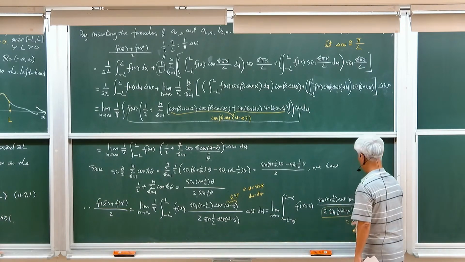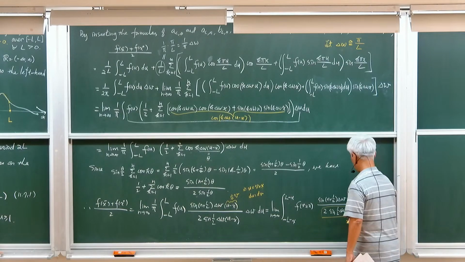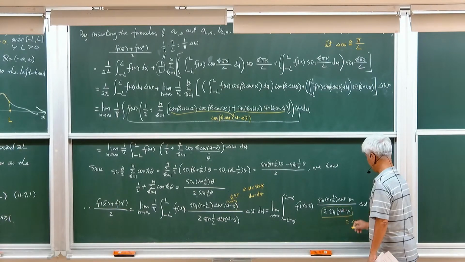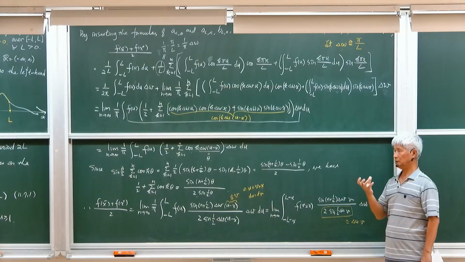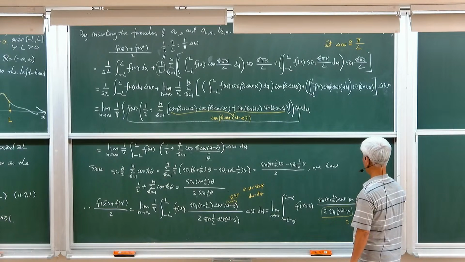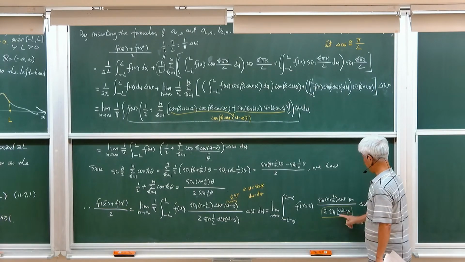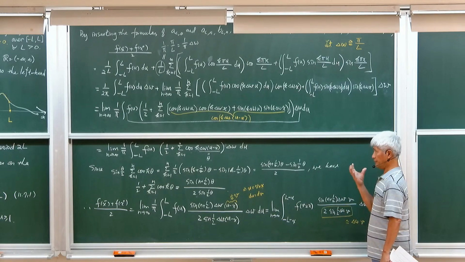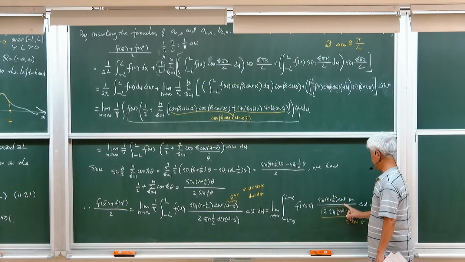It is because when delta omega is quite small, the angle becomes close to 0, and so the sine of the angle is equal to the angle.